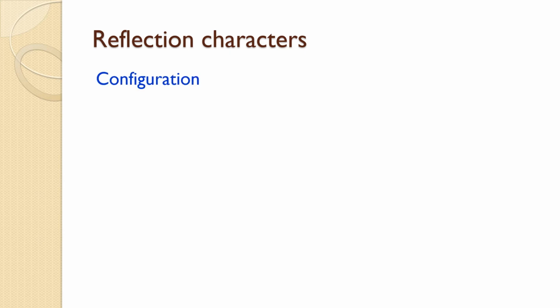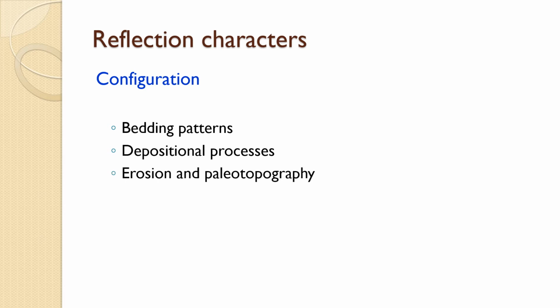First one is configuration. When we study the configuration and know about the character, the very important character of reflections, which is configuration, this will give us an indication about the bedding pattern and the depositional processes. So this is the first character. It gives us important indications about bedding pattern, depositional processes, and also about the erosion and valley topography.